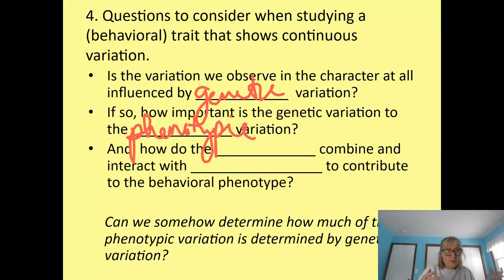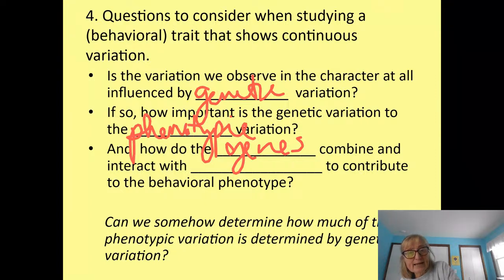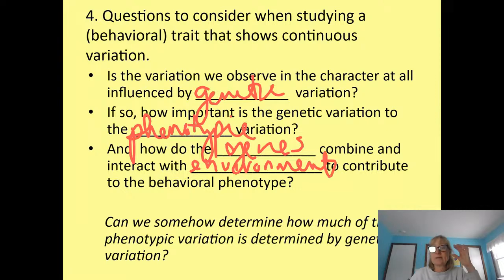Is there a relationship? And how do the genes combine with and interact with the environment to contribute to the behavioral phenotype? That's what we're interested in if we're studying quantitative genetics.